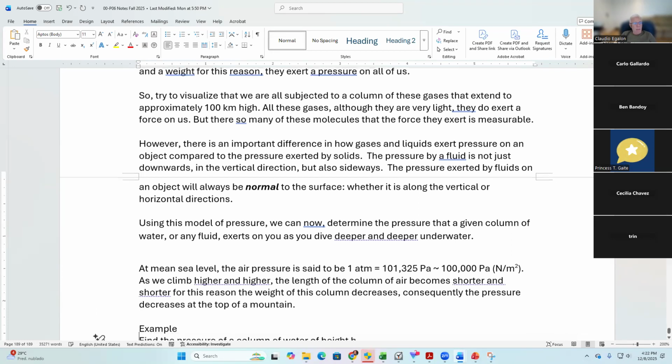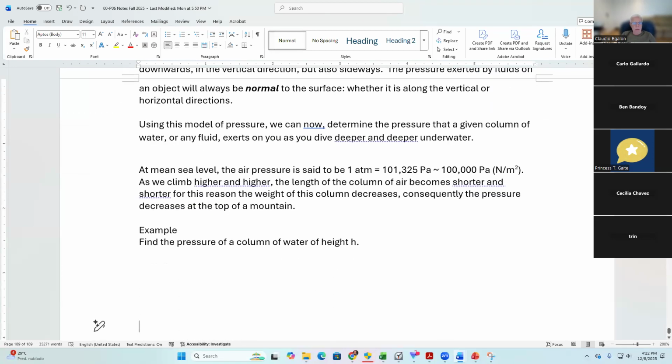Well, the same thing applies when we go submerged underwater. And we can calculate what's going to be the pressure of a column of water of height h. It's possible to do this calculation.